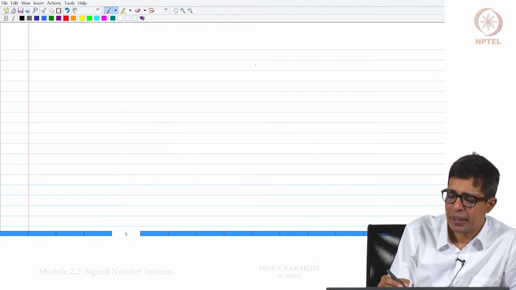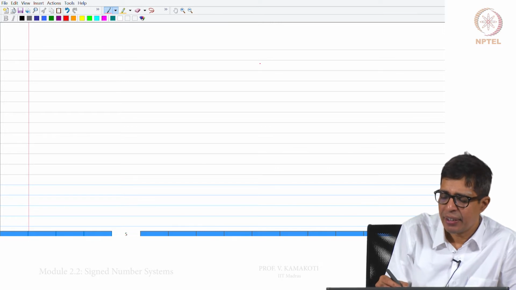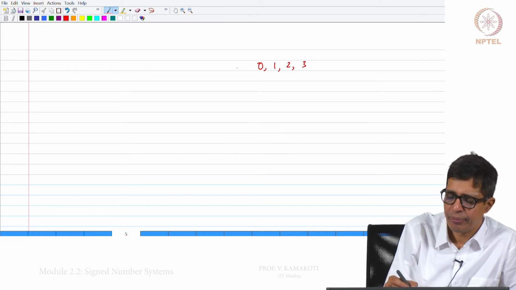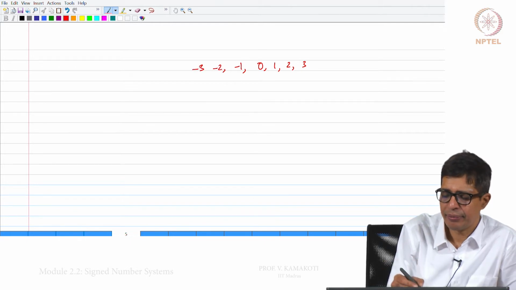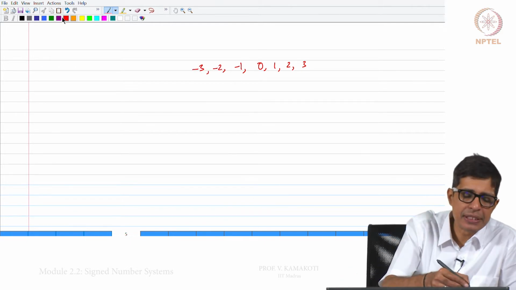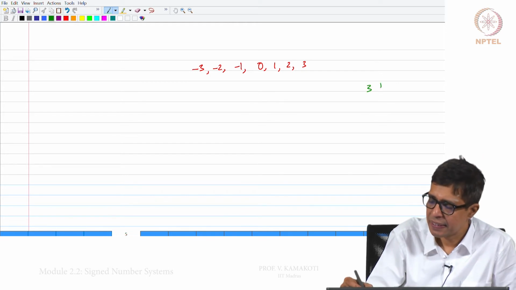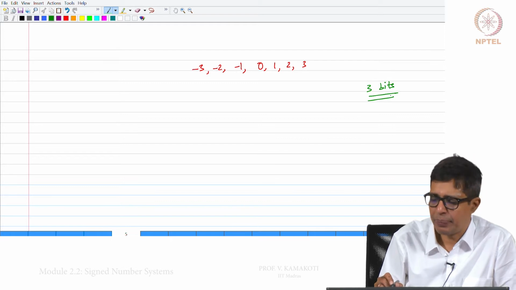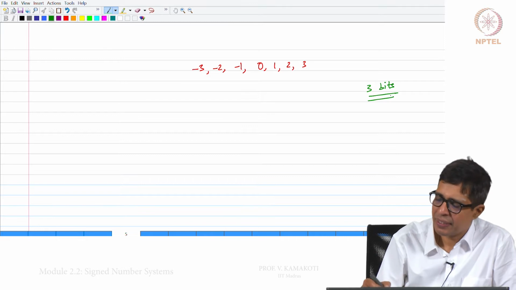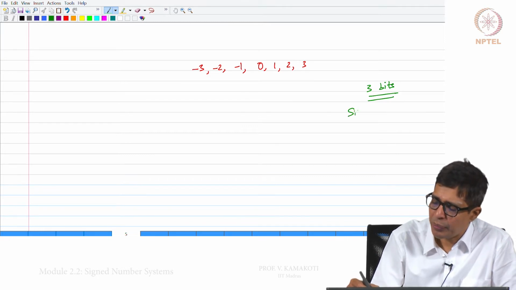Now, let us just see this. Let me say that we have 0, 1, 2, 3, -1, -2, -3. Suppose I say I have 3 bits to represent any number, and suppose I want to represent signed numbers.